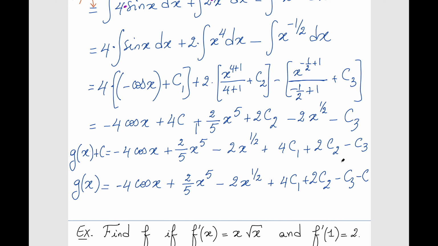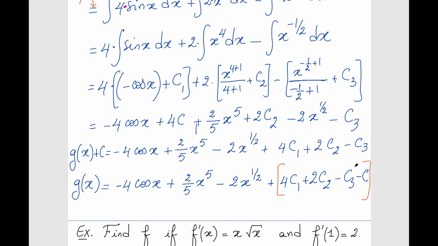So what can you say about their sum then? What can you say about this whole package? If each individual one is arbitrary, then this package remains arbitrary and still a constant, because this is a constant plus another constant minus another constant minus another constant.